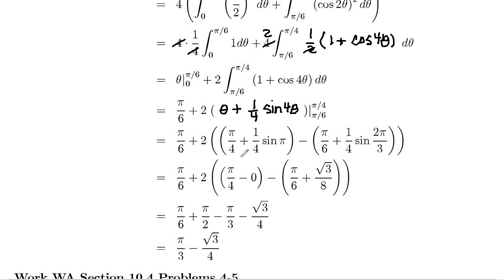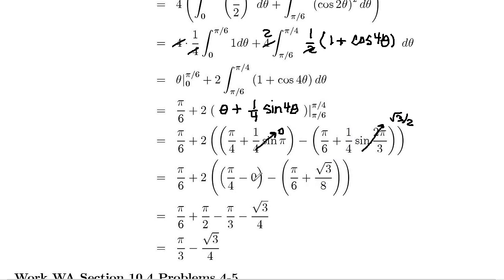So now sine of pi is actually equal to 0. So that term drops out. And then sine of 2 pi over 3, that is root 3 over 2. So now we just got the pi over 4 minus 0, and then 1/4 times root 3 over 2 is root 3 over 8 here.